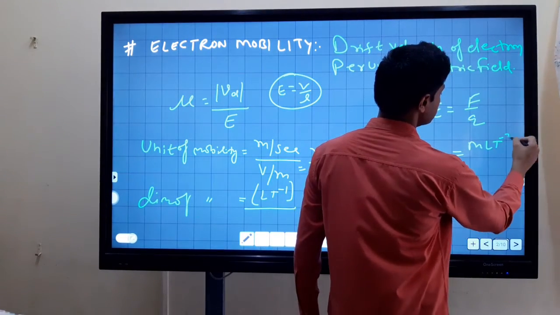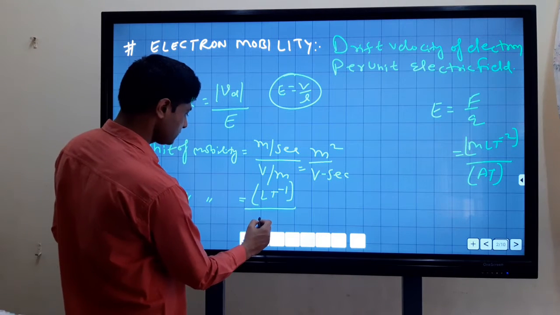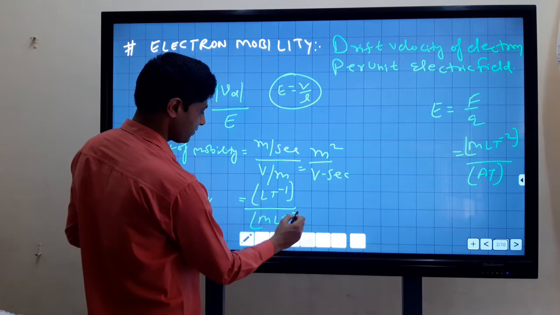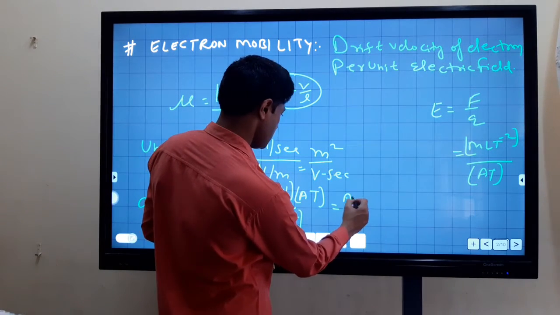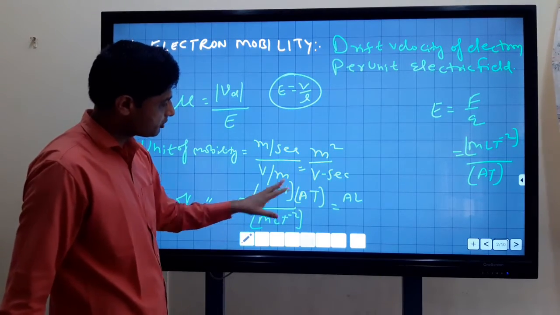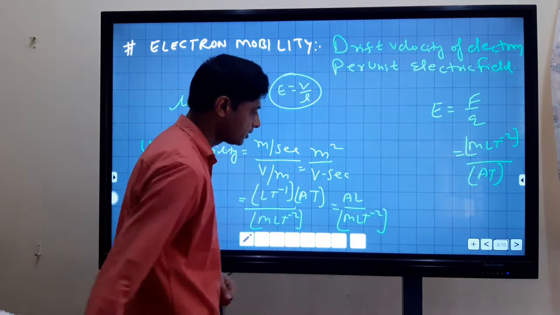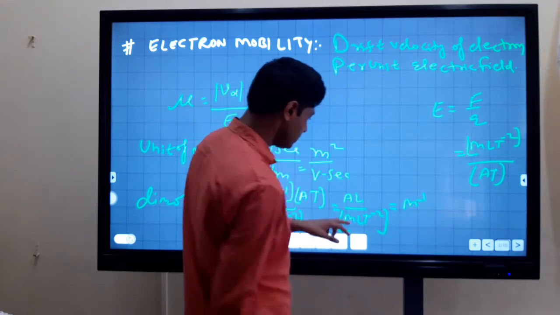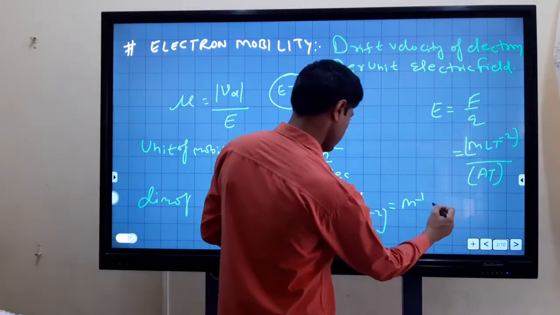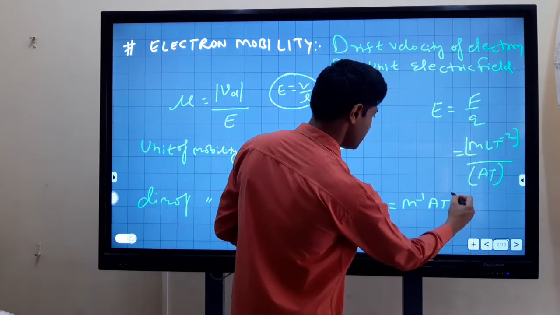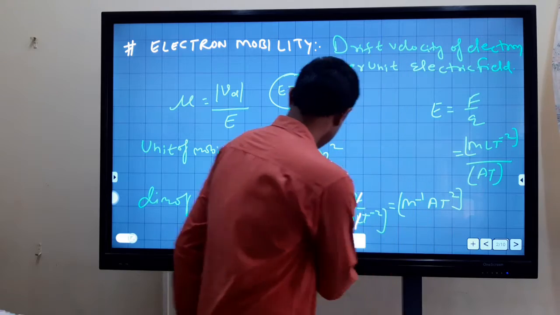So M L T minus 2 upon charge, which is A T. So this equals M L T minus 2 upon A T. T to the power plus 1 and minus 1 cancel each other, and L cancels L. So M minus 1 A T squared is the dimension of mobility.